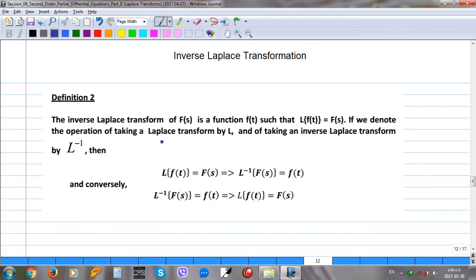If we denote the operation of taking the Laplace transform by L and taking the inverse Laplace transform by L inverse, then L{f(t)} equals F(s), and L inverse of F(s) is f(t). Conversely, if we take the Laplace transform of f(t), that again creates F(s). This works for both sides.